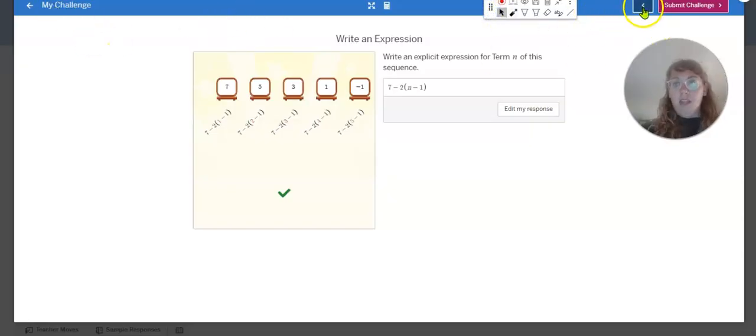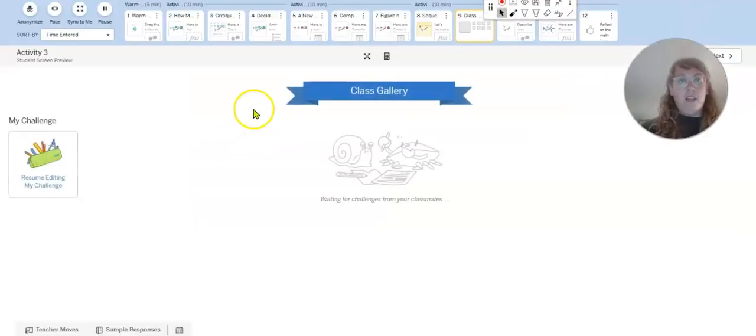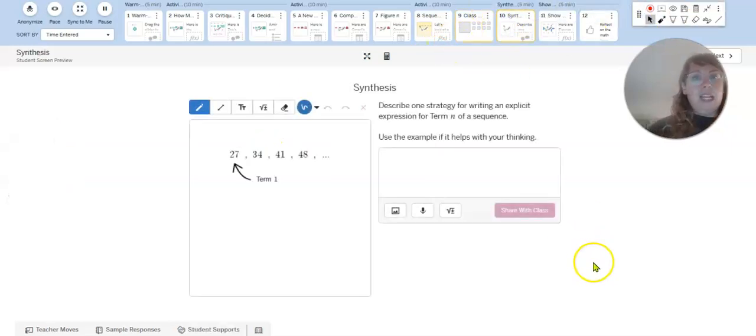Once yours is submitted, then you will do someone's challenge from one of your classmates. So make sure to submit there. Slide 10, describe one strategy for writing an explicit expression for term n of a sequence.